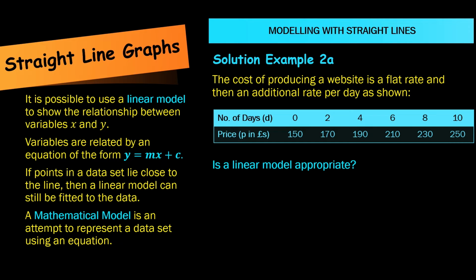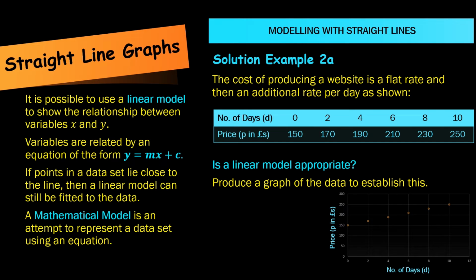So let's solve example 2a first. The cost of producing a website is a flat rate and then an additional rate per day as shown. Is a linear model appropriate for this data? First, let's produce a graph of the data to establish this.